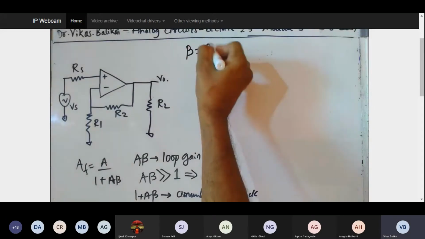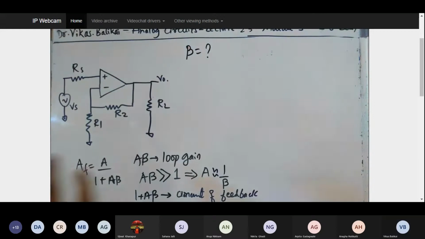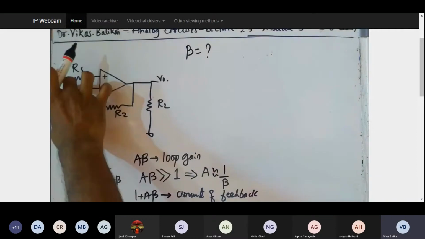If I look at this entire structure and try to understand where my input and output are and how the feedback is happening, this is the same example that we learned in the last class, the voltage amplifier, or series shunt feedback amplifier. As you can see, the input is in terms of voltage and the output is also in terms of voltage.